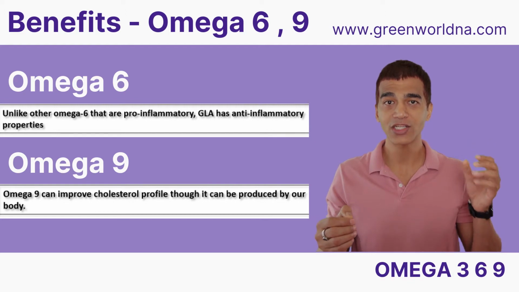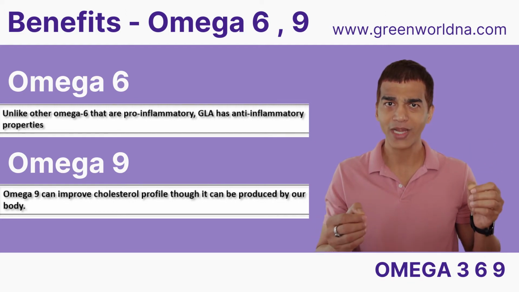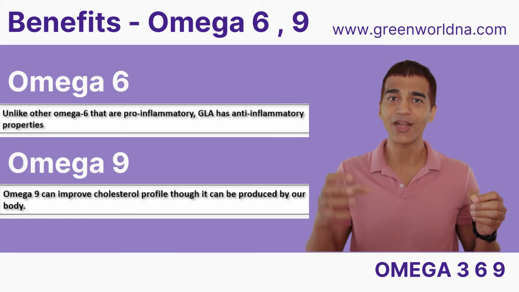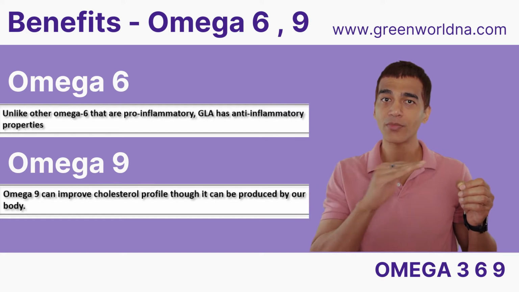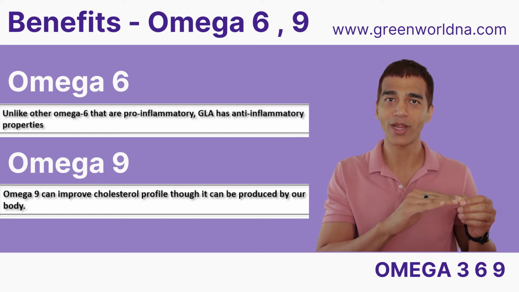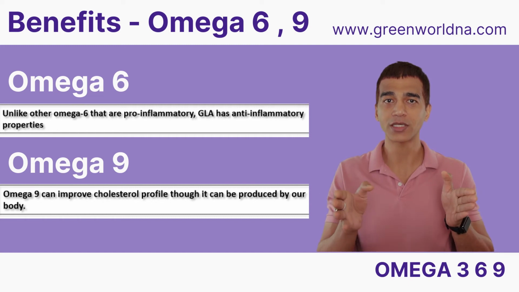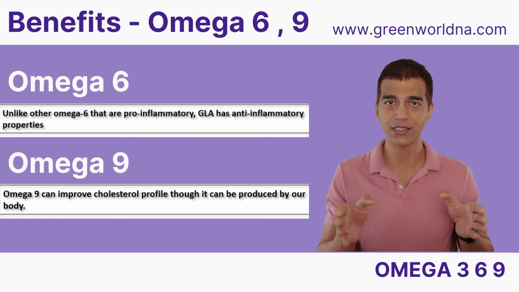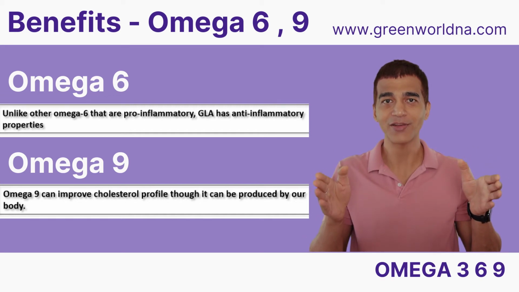So omega 6 fatty acids create that temporary inflammation to fight bacterial and viral infections, and omega 3 fatty acids are then required to calm down that inflammation created by omega 6. That's why we need the combined effect of omega-3 and omega-6 fatty acid. So that's what it means, pro-inflammatory and anti-inflammatory.